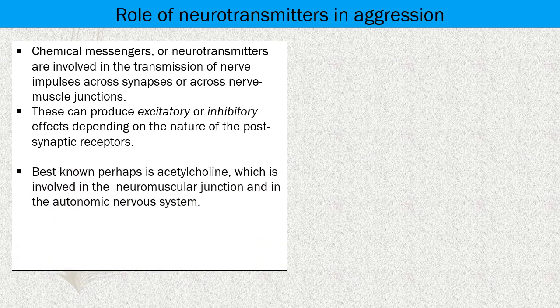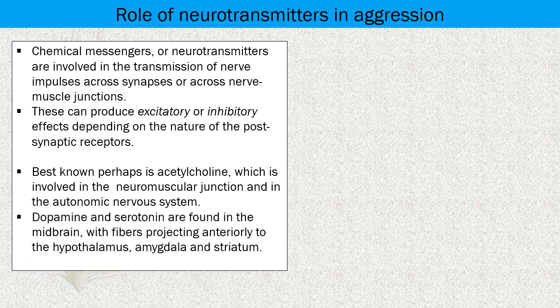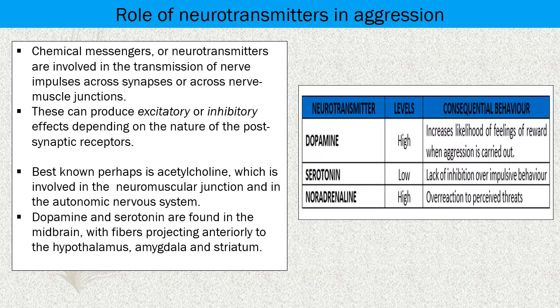Best known perhaps is acetylcholine, which is involved in the neuromuscular junction and in the autonomic nervous system. Norepinephrine is widespread in the pons and medulla, with fibers projecting anteriorly to the mid and forebrain. Dopamine and serotonin are found in the midbrain, with fibers projecting anteriorly to the hypothalamus, amygdala and striatum.